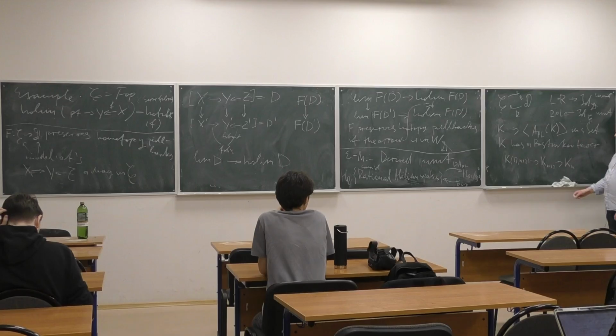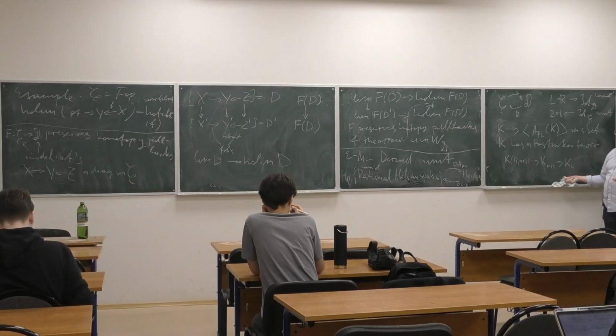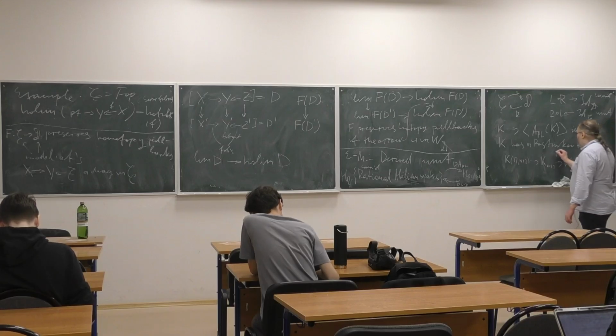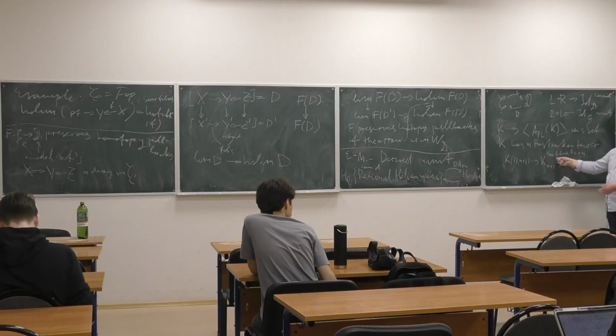Basically, the Postnikov tower we saw in the very beginning has a straightforward analog for simplicial sets. The only difference is, instead of fibration, I say Kan fibration. Otherwise, there is no difference. And I don't say what a Kan fibration is, because it doesn't really matter.